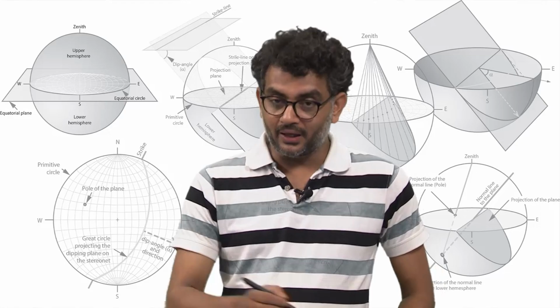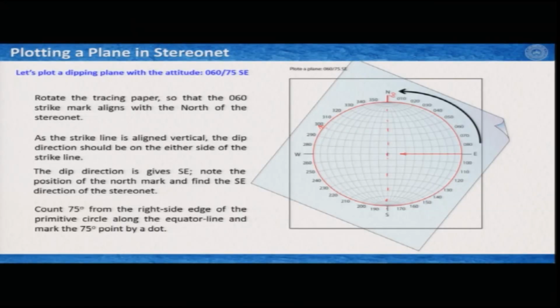So, now I have rotated my Stereonet, and with this arrowhead here I know that this is my north. If this is north, then this is my south, this would be west, and this would be east. If this is so and the bed is dipping on the southeast side, it must dip in this direction.